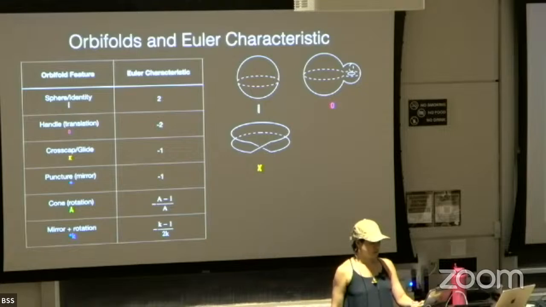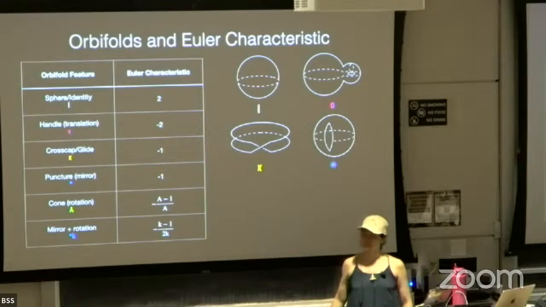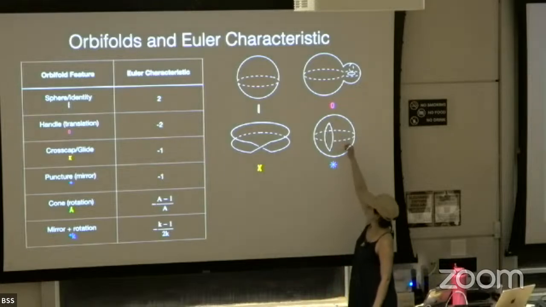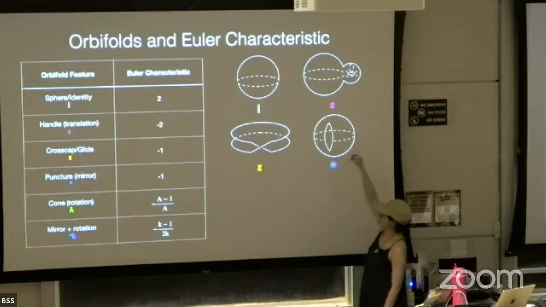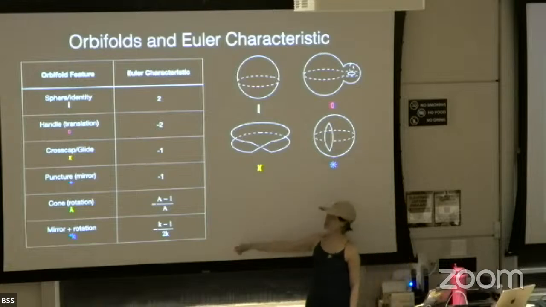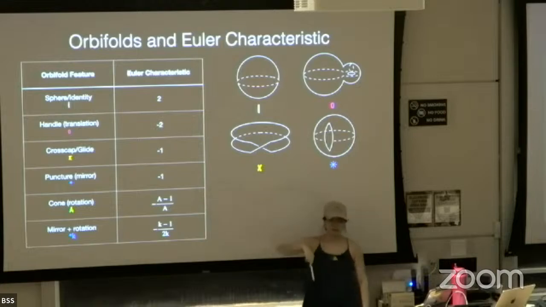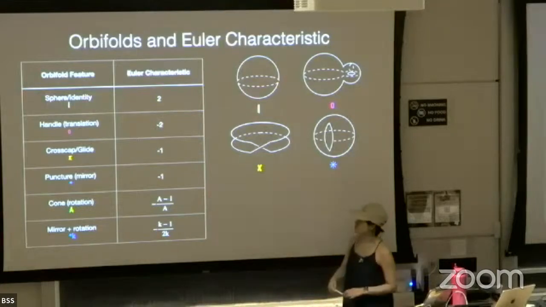So a mirror, like a single mirror, is adding a puncture to our sphere to get a plane. So to do that, we would subtract 1 from our orbifold.